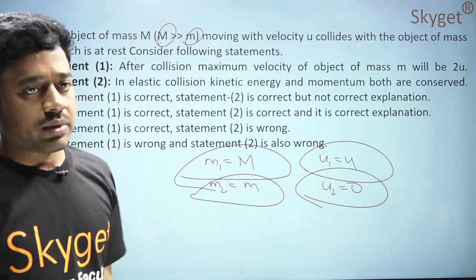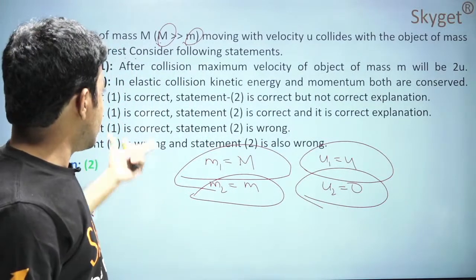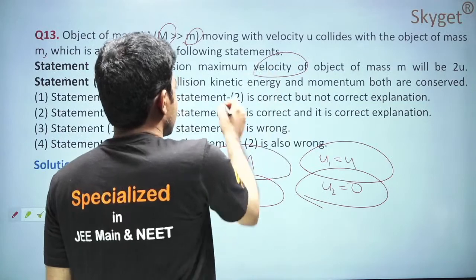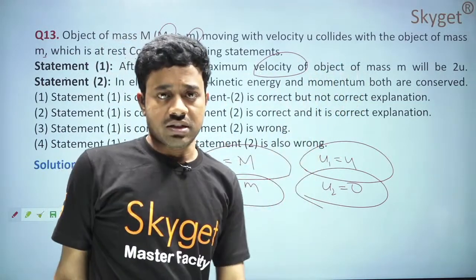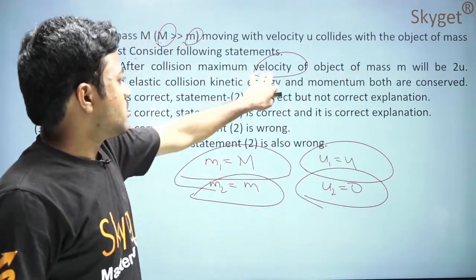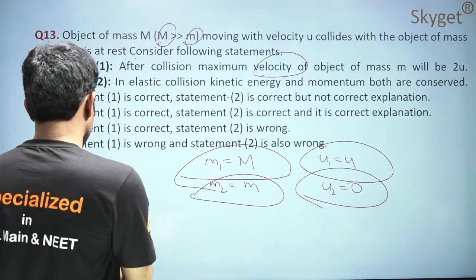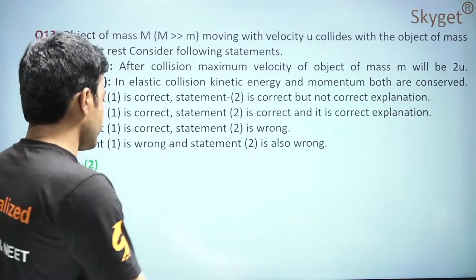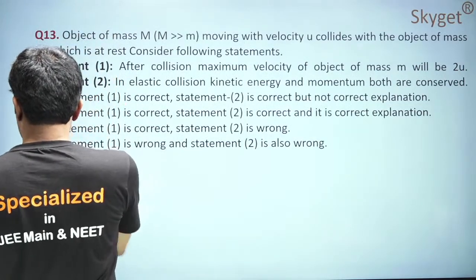Consider the following statements in this. In all these statements he is asking about the velocity, the kinetic energy, the linear momentum and conservation. So first let us consider the velocity. If you want to find the velocity when two bodies collide, you can use the formulas for v1 and v2.